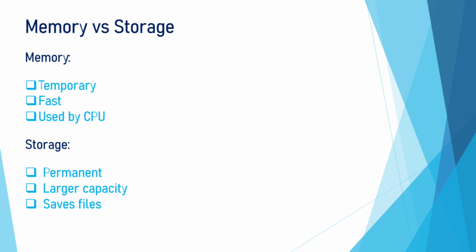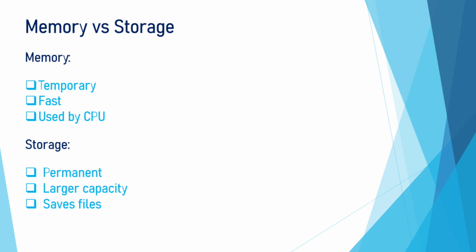So memory is temporary and is used while the computer is working. We work with memory while we are working with the computer, but storage is permanent and is used to save files. So in storage, we save the files, okay? And with the memory, we work with the computer. While we are working with the computer, the data is stored onto the memory for our access.